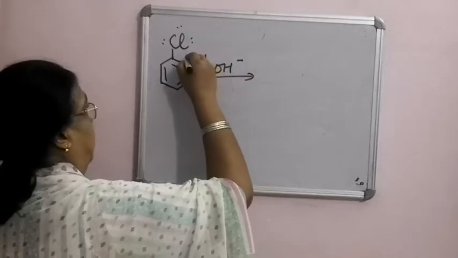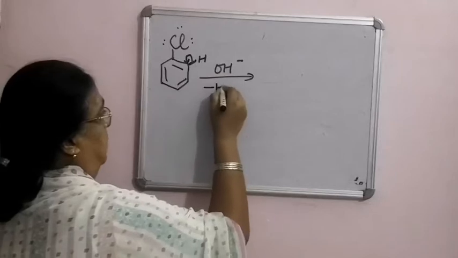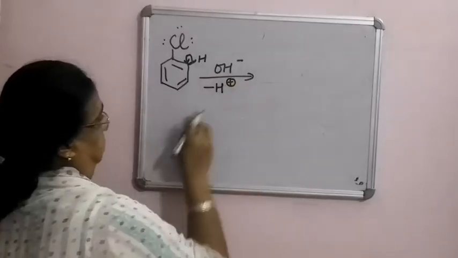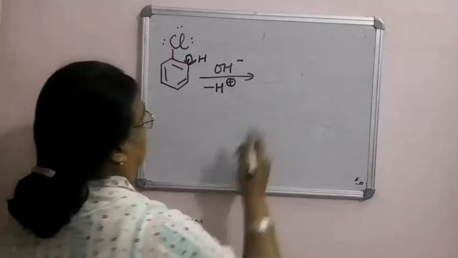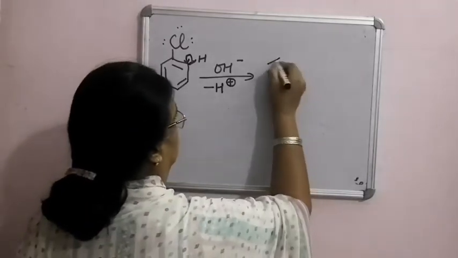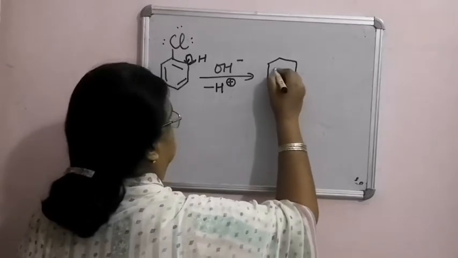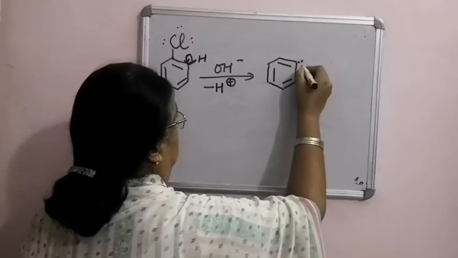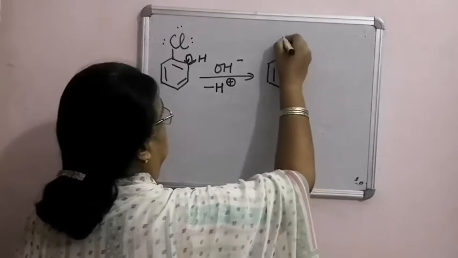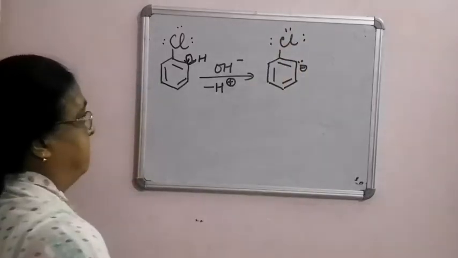So this pair of electrons will be transferred here, and this hydrogen will be out as a proton. So this proton is released, and we will have this structure. This lone pair and a negative charge, and here is Cl. 1, 2, 3, 4, 5, 6.